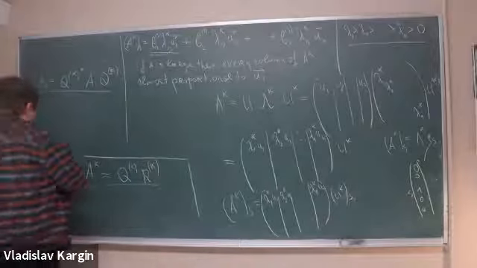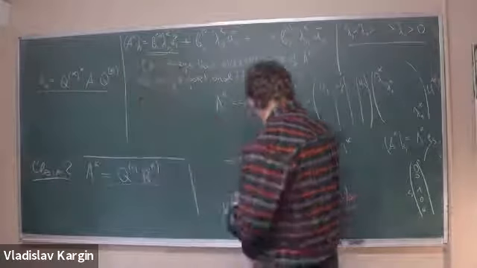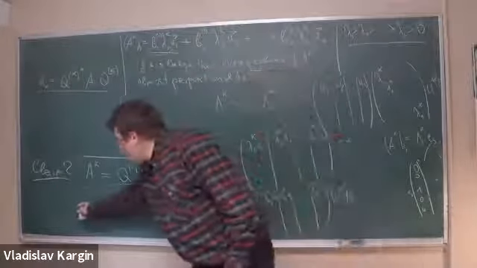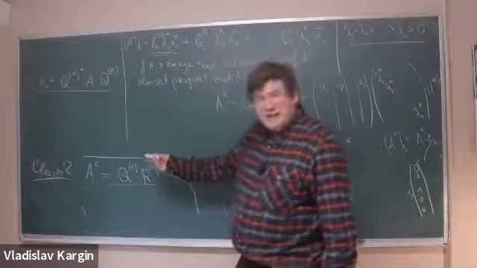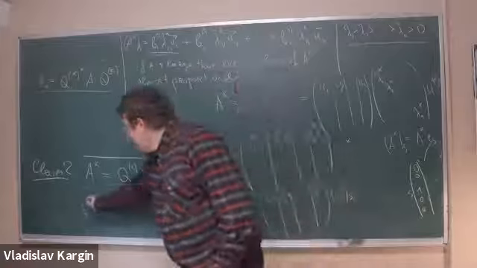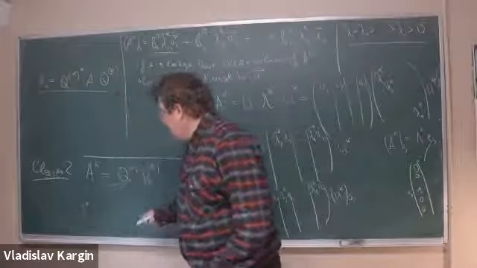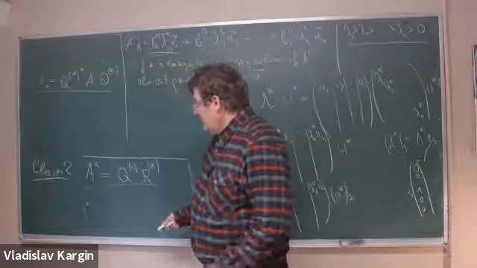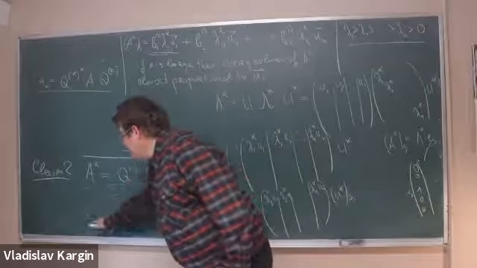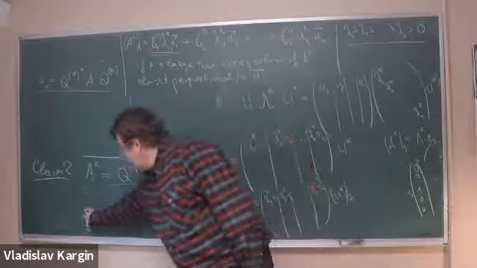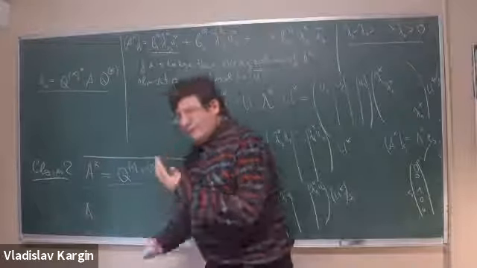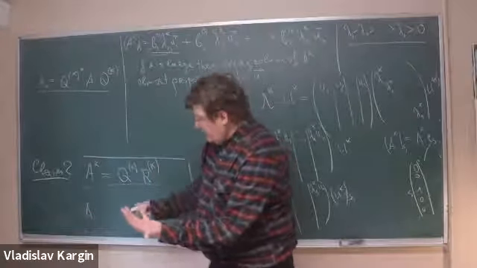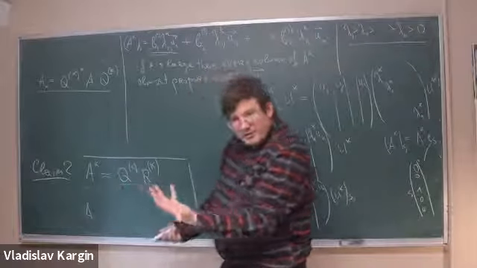If you have some matrix, say in this case A^k, or a matrix A, it gives you the column space, and you can write down this column space as a flag.